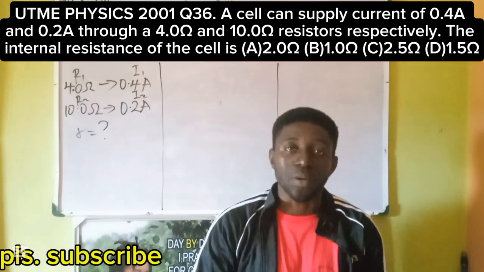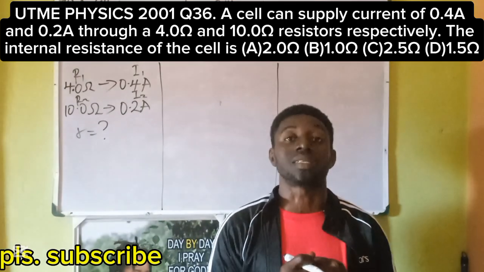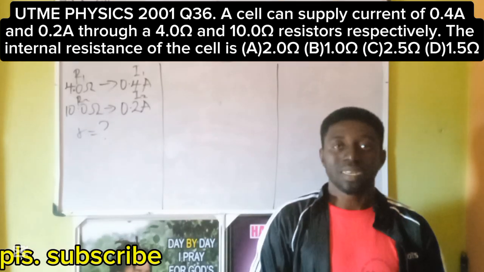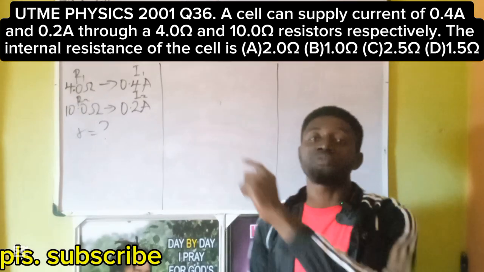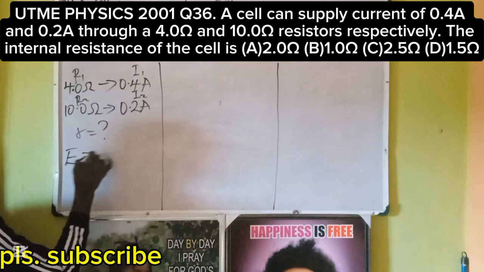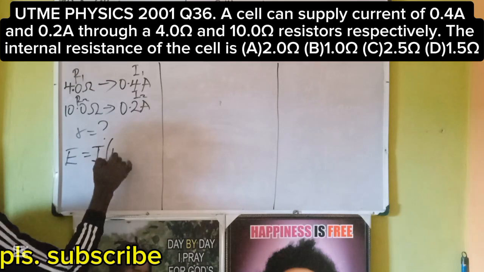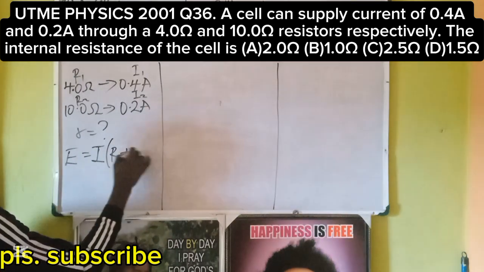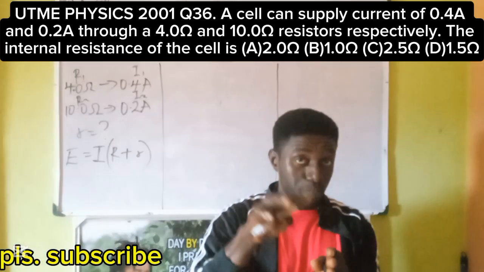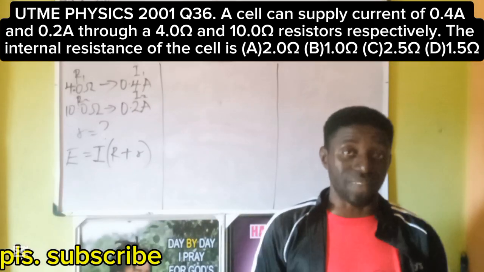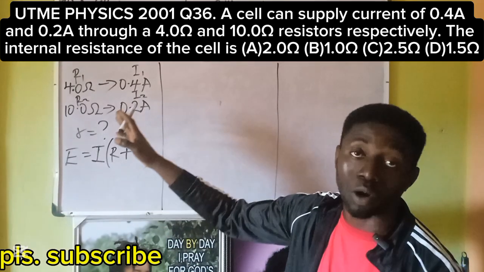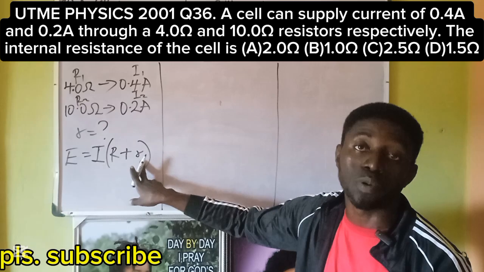When you want to solve two experiments, you look for something that is constant and stand on it, something they have in common. And that is the internal resistance of that cell, which was never changed. The cell was maintained all through. Then we go back to the formula for finding EMF of a cell, which says E is equal to I, which is current, times external resistance, capital R, plus internal resistance, small r. Recall, in both experiments, the cell is the same. Currents, big R and small r are all there. So they have small r in common because the cell was never changed.